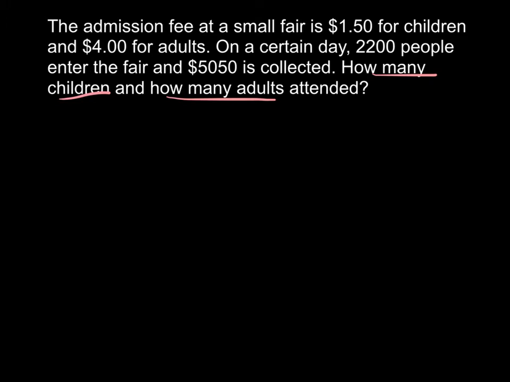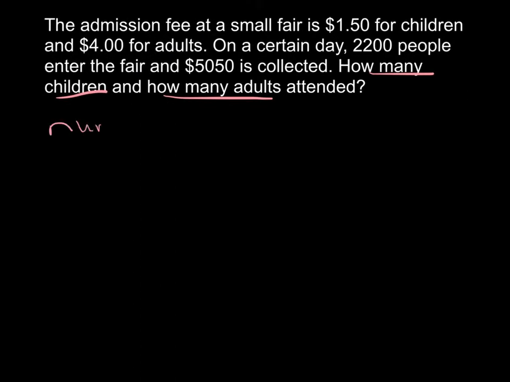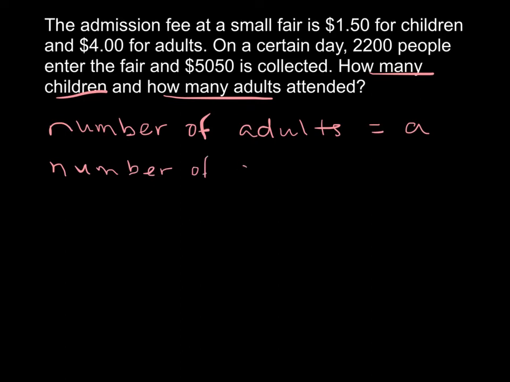So the number of adults is our letter A. Pretty appropriate, adults A. Okay, then we have the number of children. Let's name that C. So now we have two unknowns, two variables.